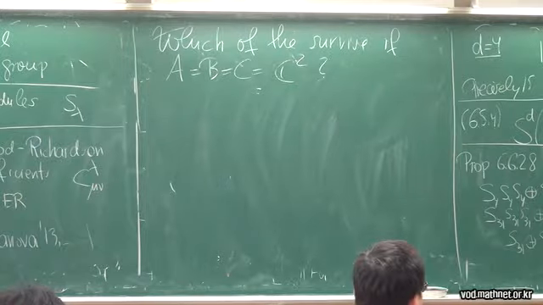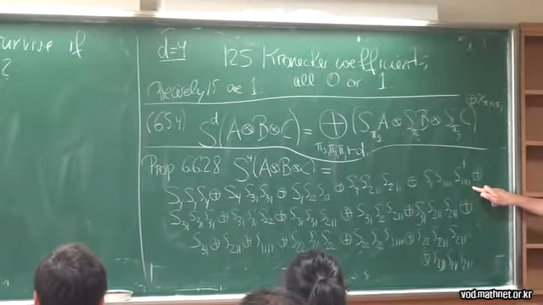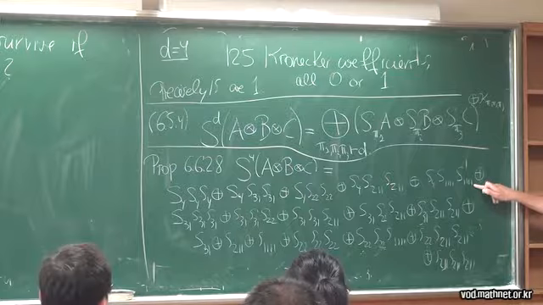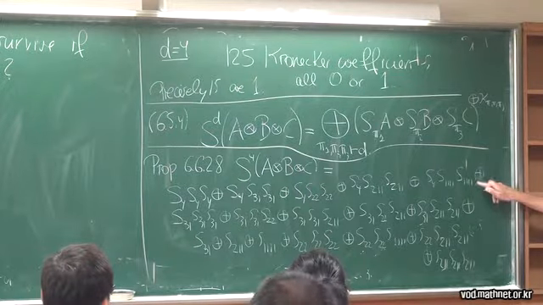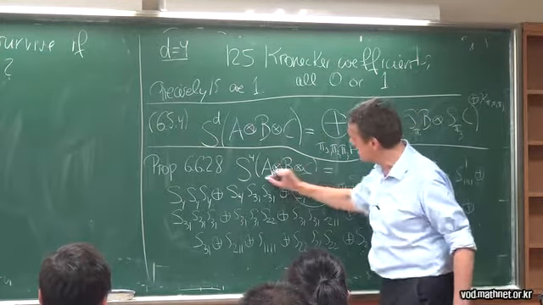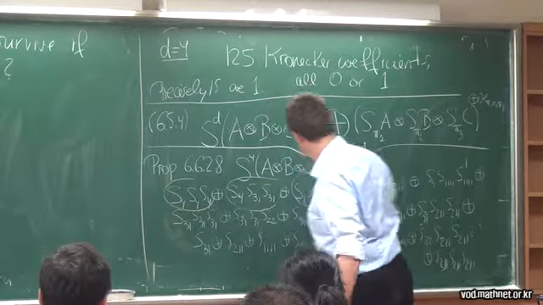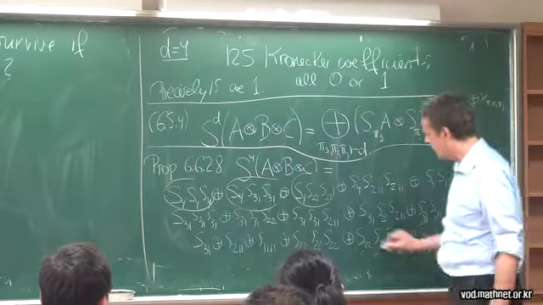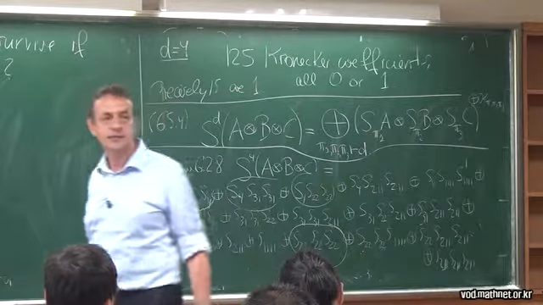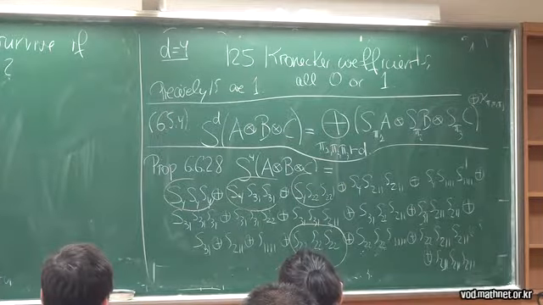I hope I didn't mess up, but S1111 is the exterior power, so that's the fourth exterior power of a two-dimensional vector space C. But if you have a two-dimensional vector space, the fourth exterior power is 0. So the only ones that survive are the ones where the partitions have at most two parts. Everything else is 0. For all other terms, my hook length content polynomial will evaluate to 0.